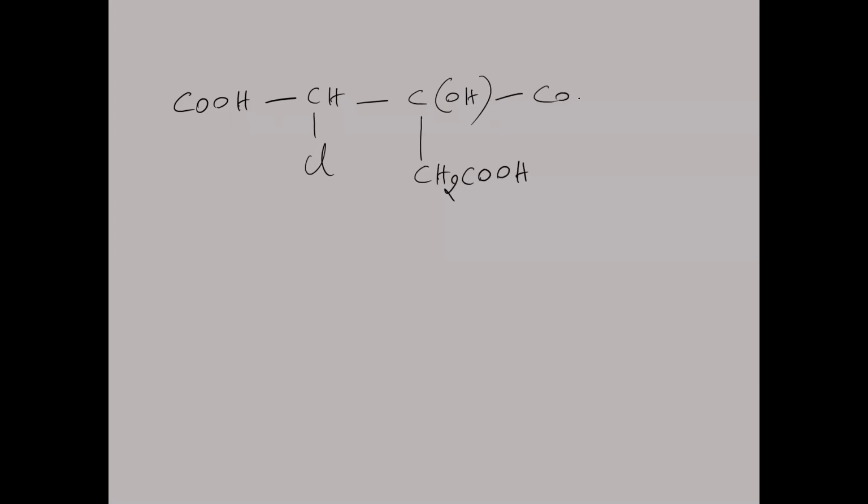This is the given structure. Now in this case, on this carbon, which groups are attached here? OH group is attached, COOH group is attached, CH2COOH group is attached. Only COOH is attached to this carbon, and OH also is attached.